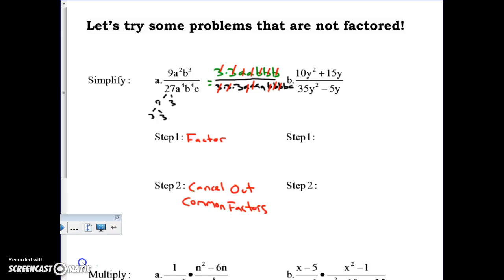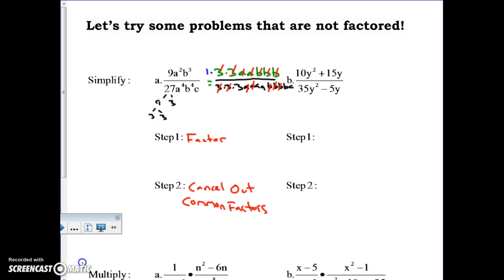What did we not cancel out? Okay. On top, we canceled out everything. So this is important. You canceled out everything, except you've got to remember there's a 1. Okay, 1 is a factor of anything. 1 times a number does not change that number, right? So that 1 is there, and it serves as a placeholder in a problem like this when you cancel everything out.